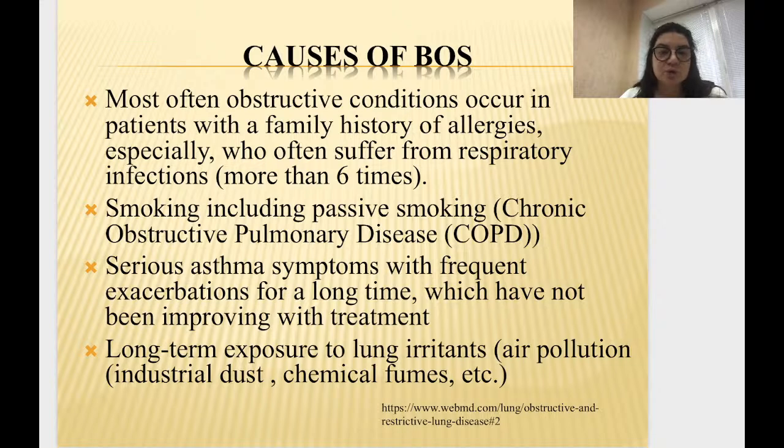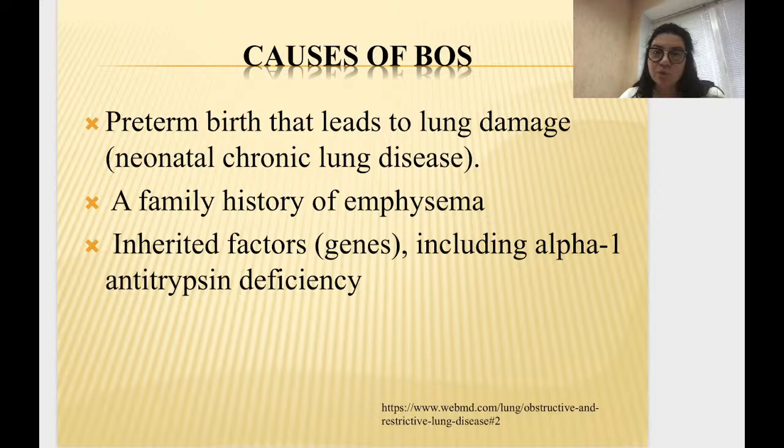Long-term exposure to lung irritants, air pollution, industrial dust, chemical fumes, etc. Moreover, the causes can include preterm birth that leads to lung damage in neonatal chronic lung disease, a family history of emphysema, and inherited genetic factors including alpha-1 antitrypsin deficiency.